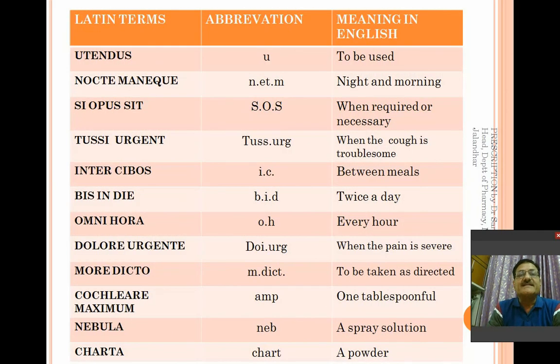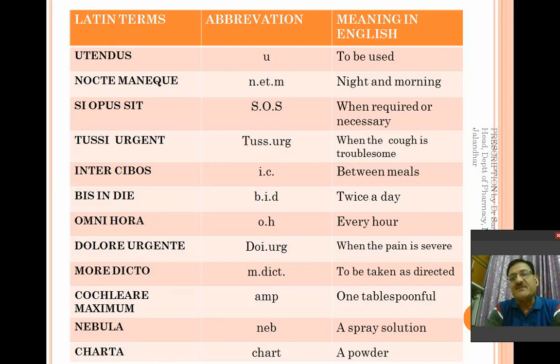Then utendus, it is written as U, means to be used. Then nocte maneque means at night and during morning. Then SOS, si opus sit, it is written as SOS, means when required or when necessary. Then tussi urgente means when the cough is troublesome.